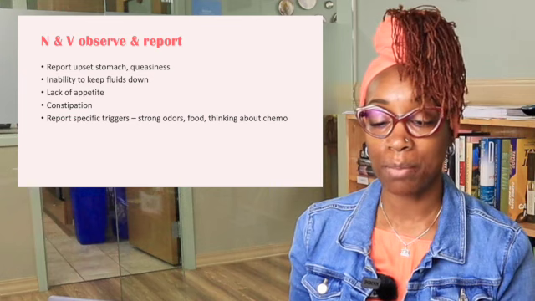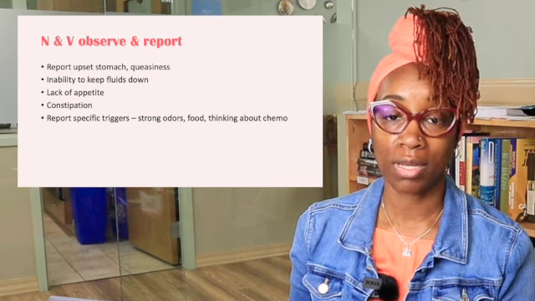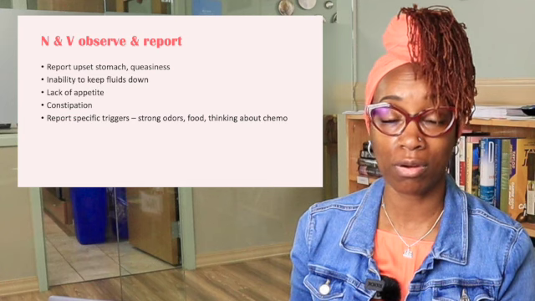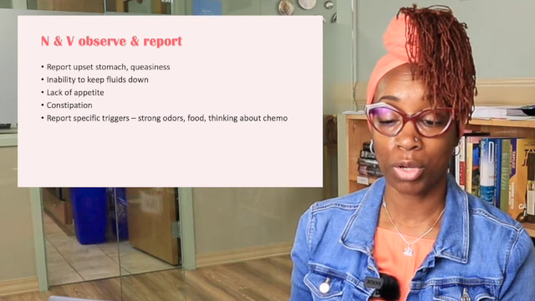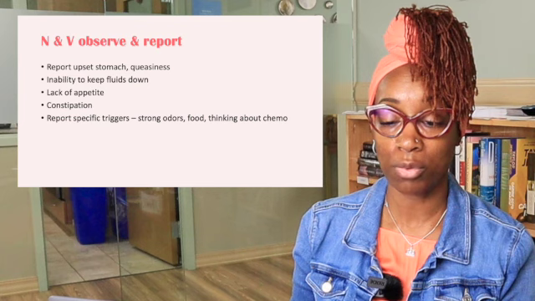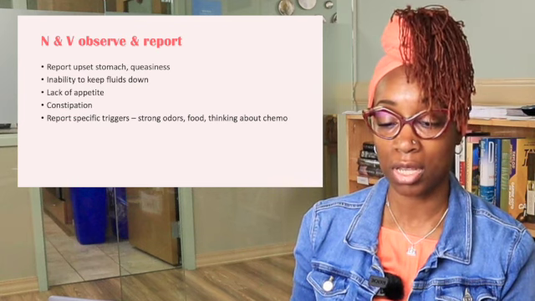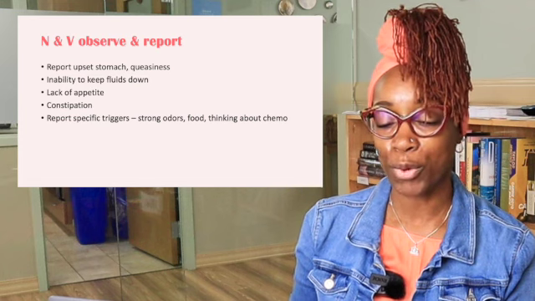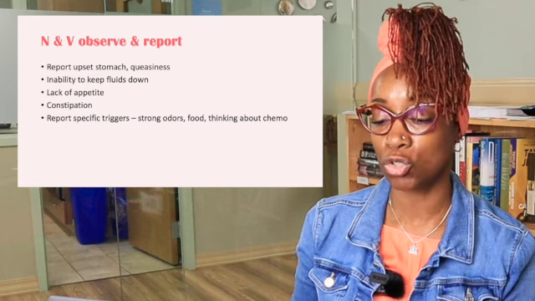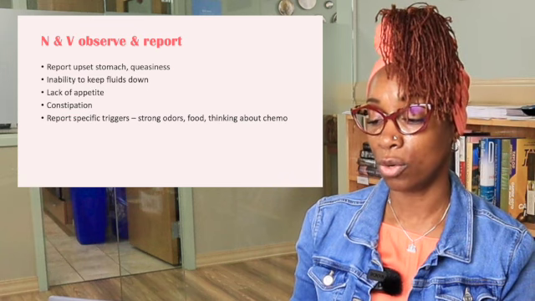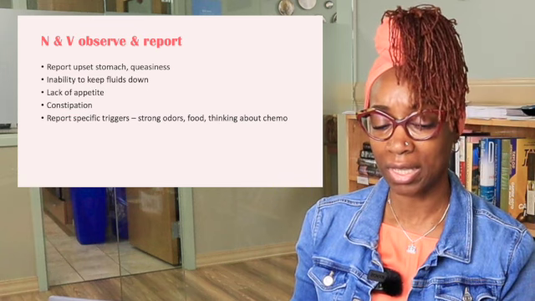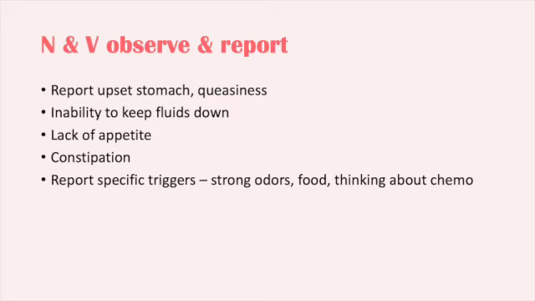If they have lack of appetite and they complain of having constipation where they have gone 3 or more days without having a bowel movement, those are things that you would definitely want to let someone know about. Report specific triggers such as strong odors, food, or anything like that that could cause them to feel more nauseous. Those would be important things to observe and report.